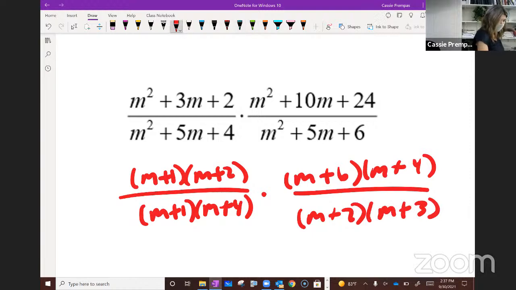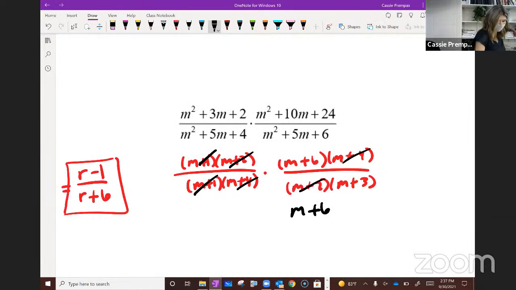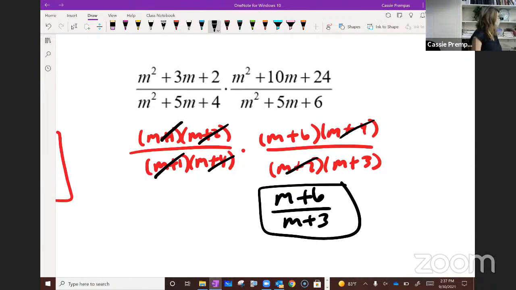And then I see some pieces cancel. I have M plus 1 and M plus 1, M plus 2 and M plus 2, M plus 4 and M plus 4. And that's where we get to that M plus 6 over M plus 3. And we do not simplify that. We can't because they're connected with those plus signs. So that's as far as we can go.